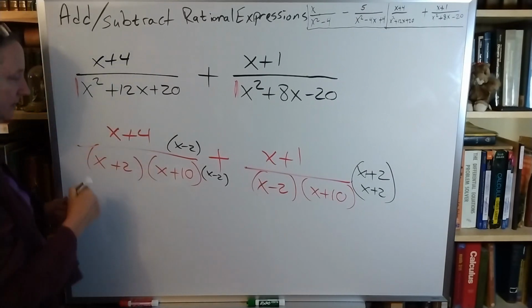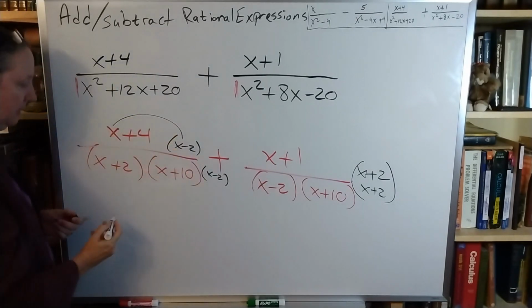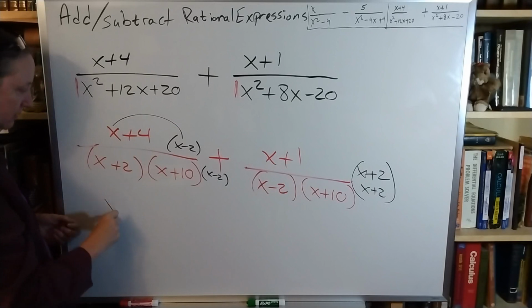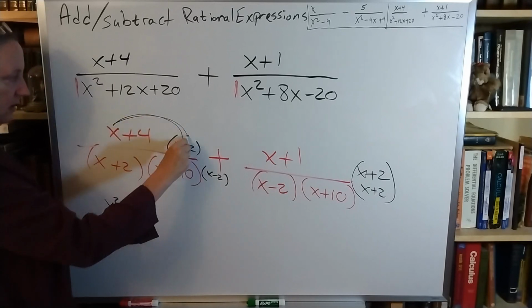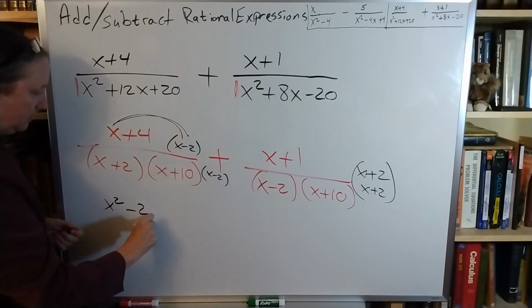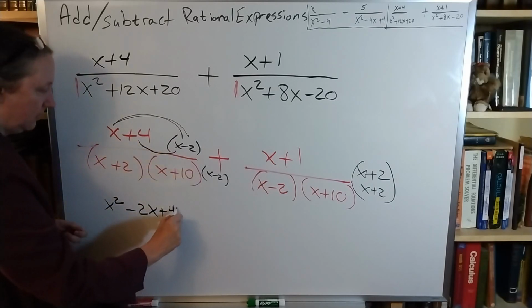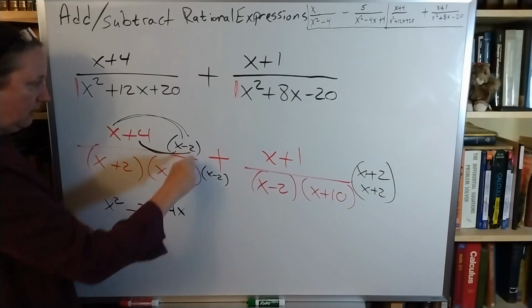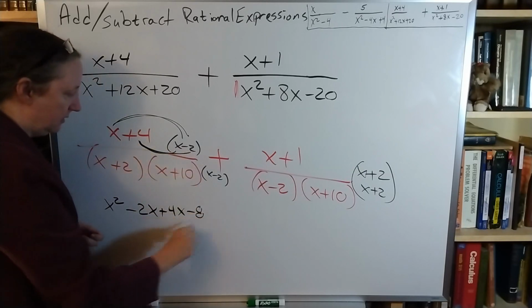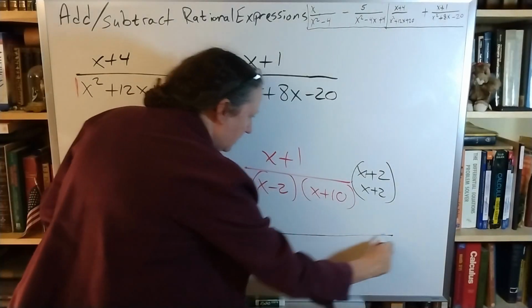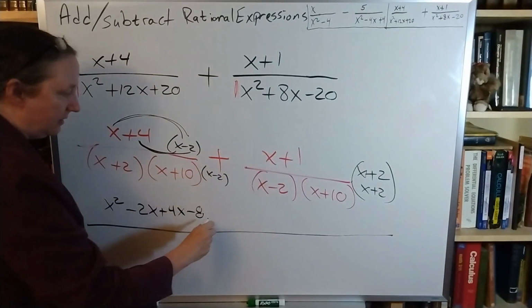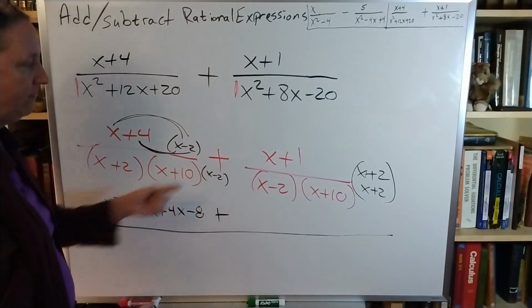My numerator, I need to FOIL. So I have x squared minus 2x plus 4x minus 8. And then I'm adding all of that. So I have a plus.